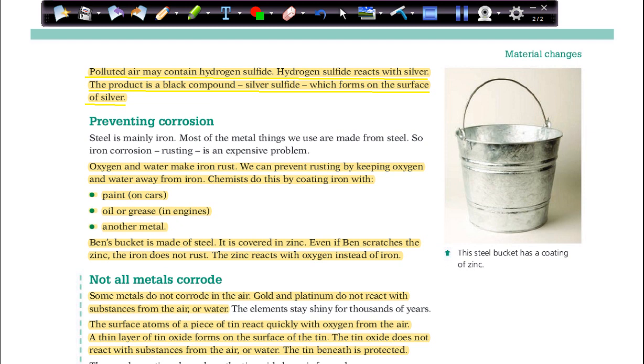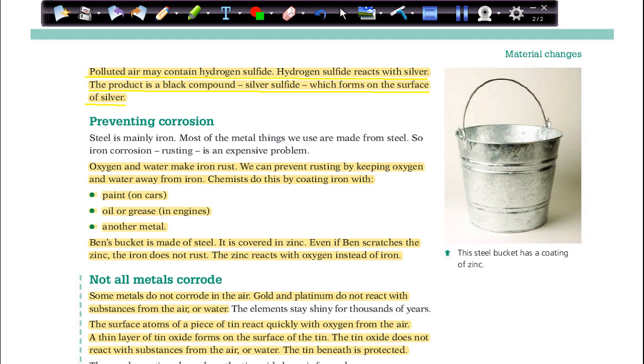Here, the hydrogen sulfide will react with the silver, and the hydrogen will be replaced, so it will form silver sulfide, and this silver sulfide will form on the surface of the silver as a black compound.